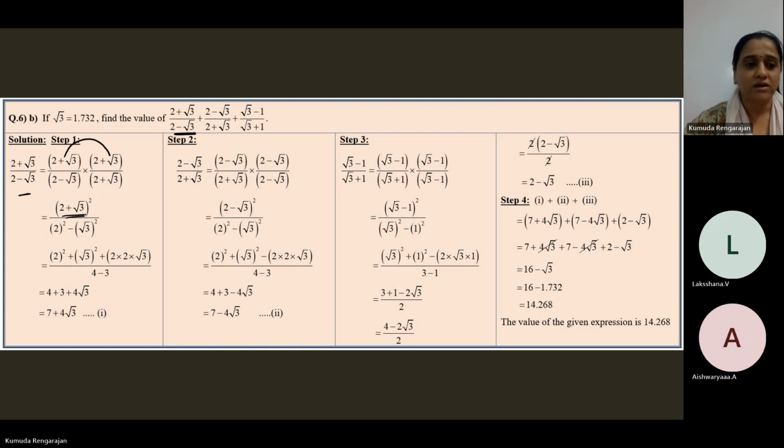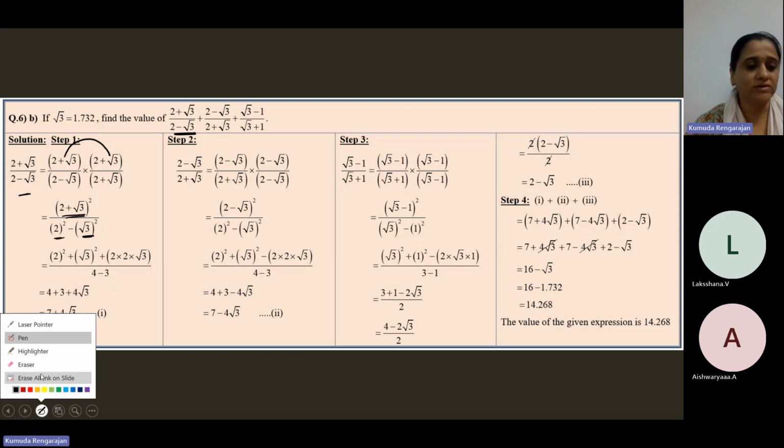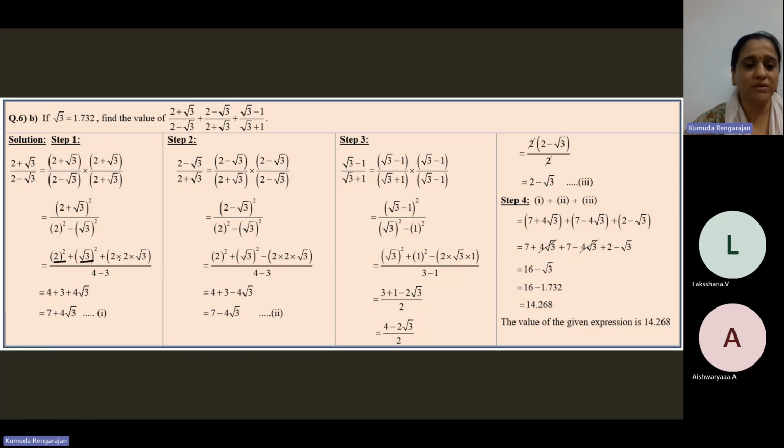Denominator is like a minus b into a plus b, so a square minus b square: 2 square minus root 3 the whole square. So numerator a plus b the whole square is a square plus b square plus 2ab. Denominator 4 minus 3, so it is 1. Now this one is 4 plus 3 plus 4 root 3. So 4 plus 3 is 7, 7 plus 4 root 3.